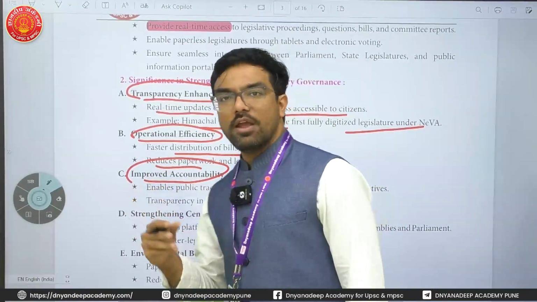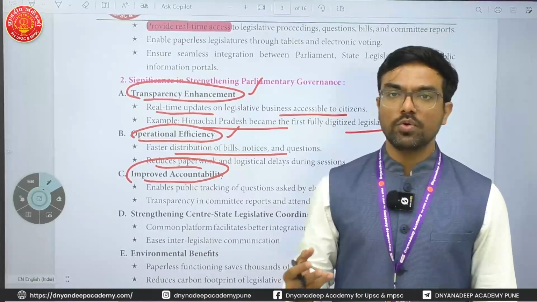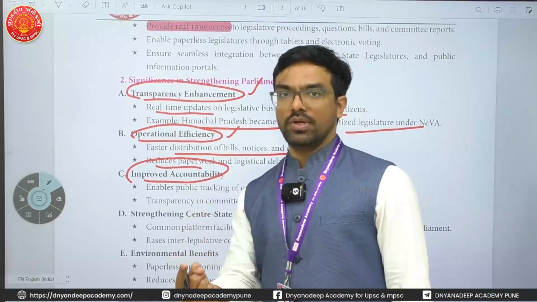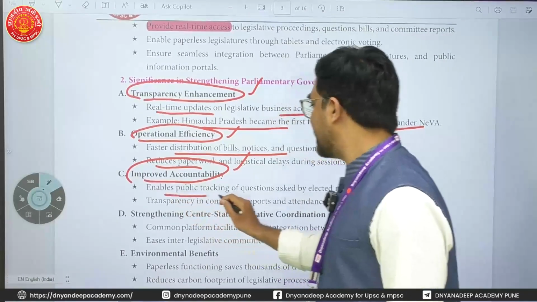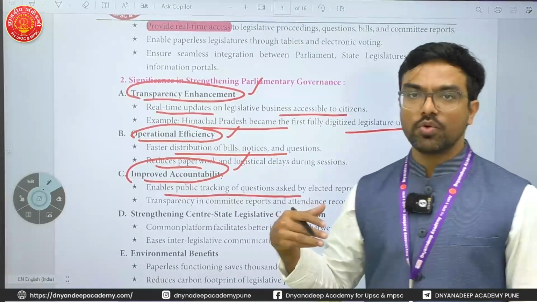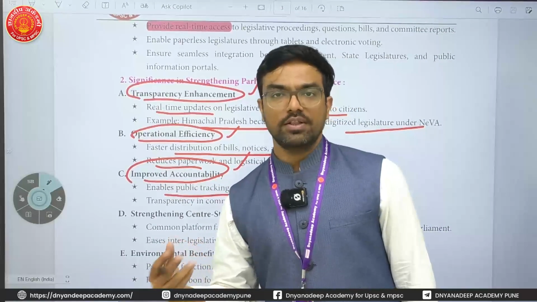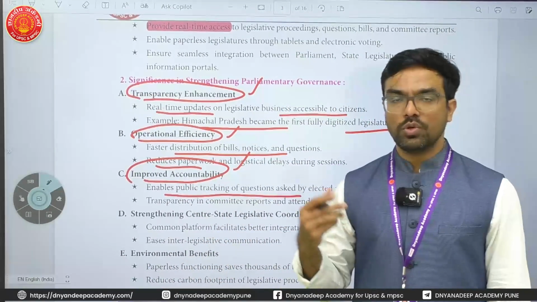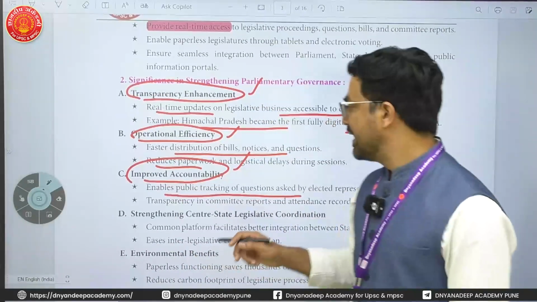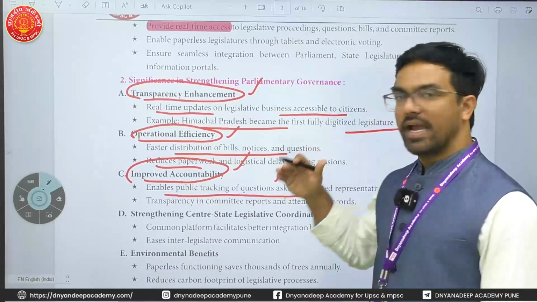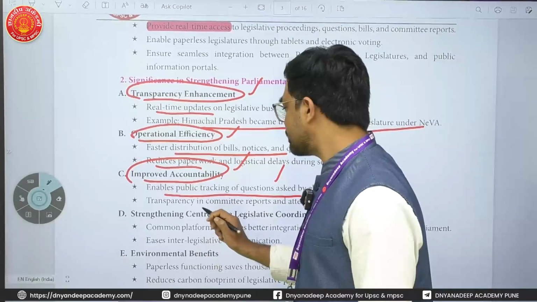As everything is present in digital format, everything can be accounted for. It also enables public tracking of questions asked in Parliament. Now people don't have to go through papers; they can just visit the website and know what questions are being asked and what answers are being provided.